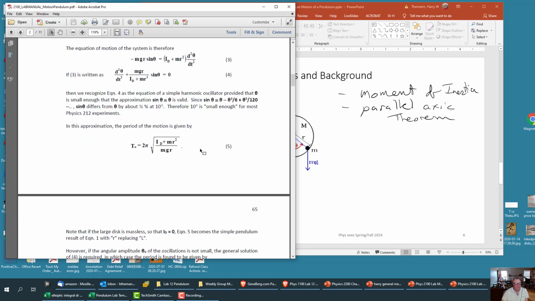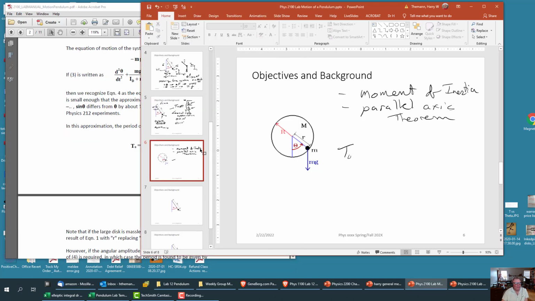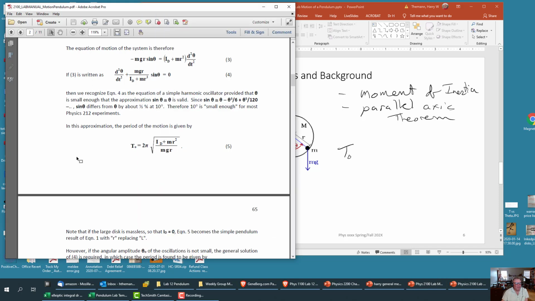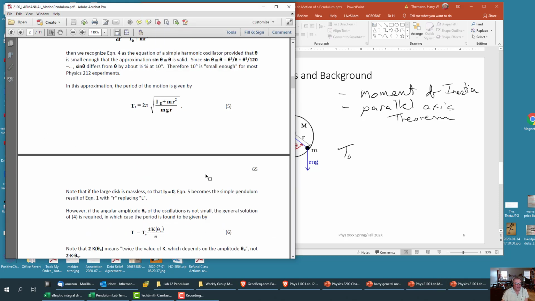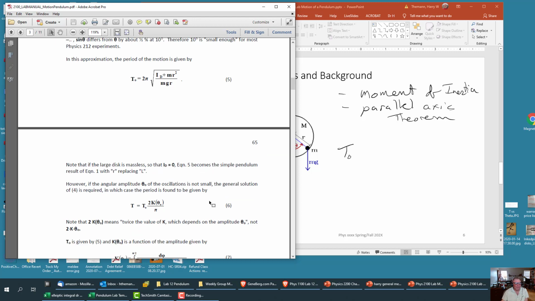And so the T, in this approximation, the period of motion, is given. Notice that the disk is massless. If the angle is not small, it becomes the general solution.